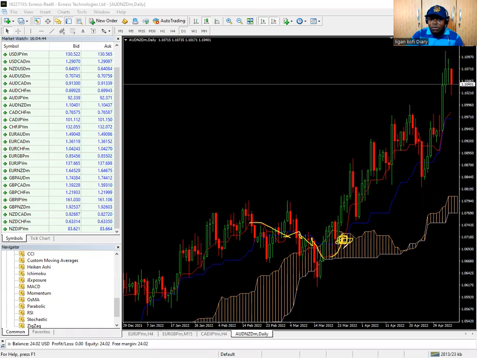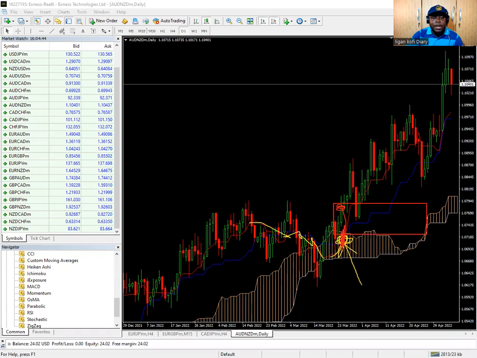So we received the blue line being crossed over here. And that was a signal over here for buy on this candle, which was right on this candle here. So if you took a buy on this candle, which was on this candle around this area, so buy.